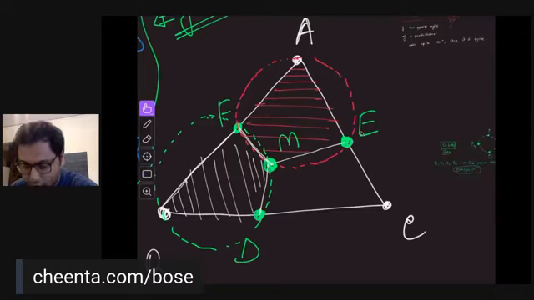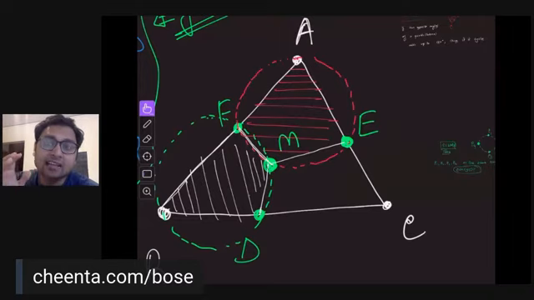Okay, so what do I want? Well, I want to show that CDME is a cyclic quadrilateral. That's what I want. I want to show that CDME is a cyclic quadrilateral. To do that, if I can show that the opposite angles add up to 180 degrees, then we are done.